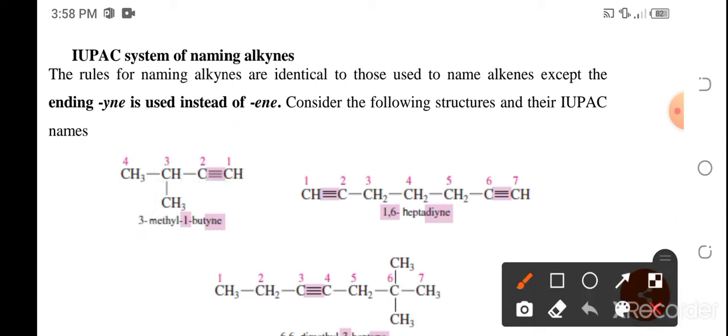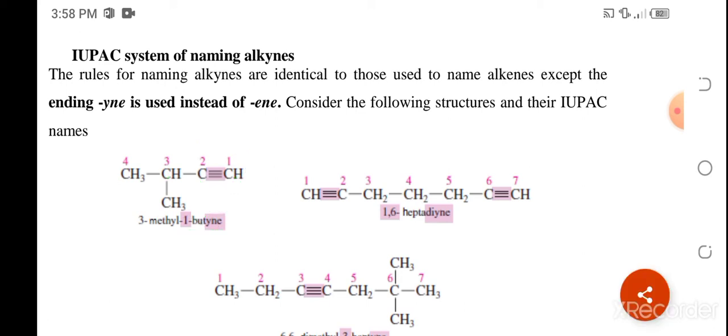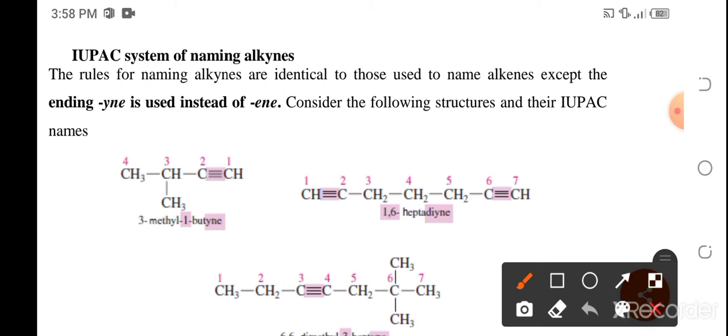So the numbering would be from right to left such that this is 1 and 2. We don't need to reflect the 2, rather just the 1. 1-butyne. The 1 indicates that the position of the triple bond is between 1 and 2. Because there are 4 carbon atoms in the parent chain, it is butyne because of the triple bond. What is not included in the parent chain is this part, and that is known as the substituent in the form of alkyl.